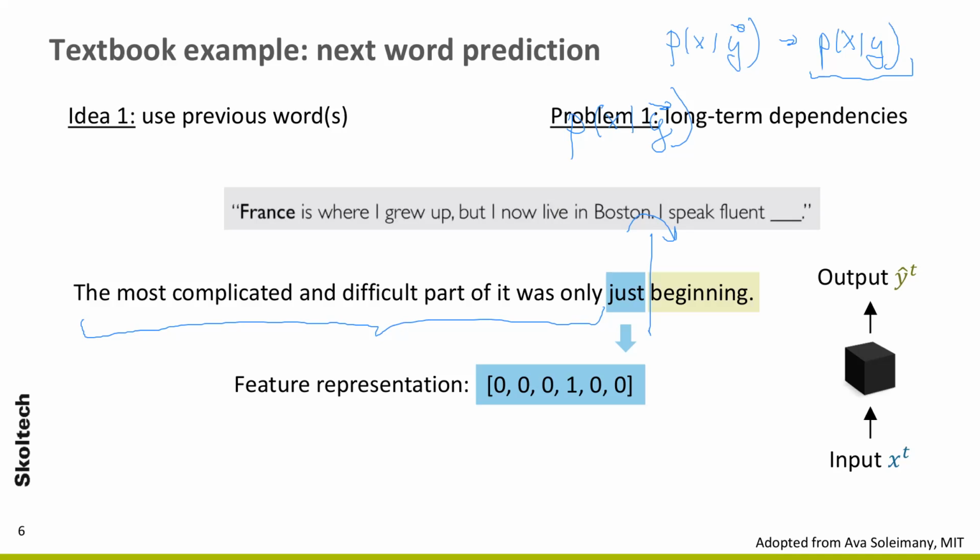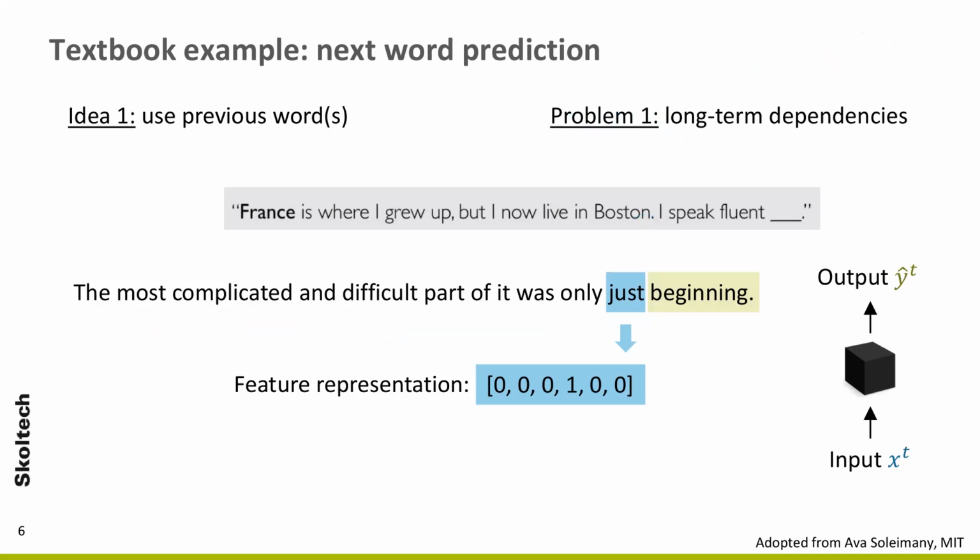But what's the problem? I think you agree with me that if we are talking about predicting the next word, it's pretty important to take into account all the context we have in our data. So we should not only look here, but here and here and here to be able to make a more reliable prediction.